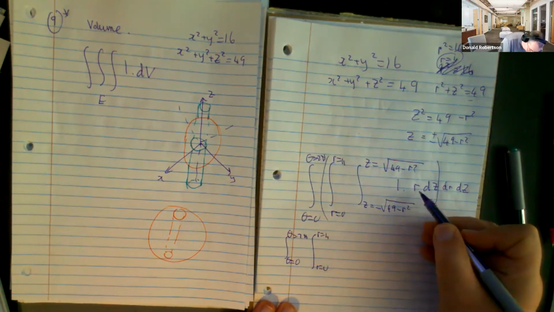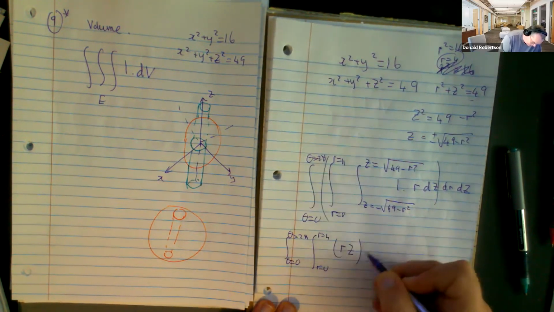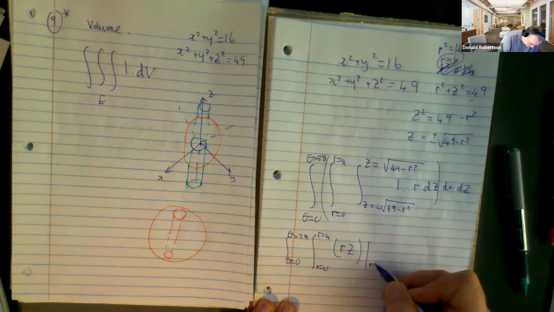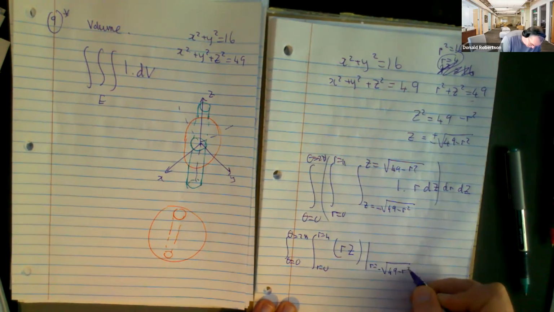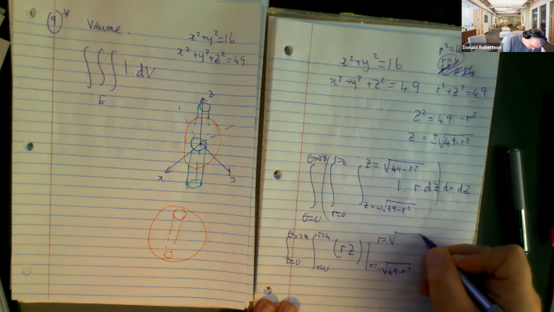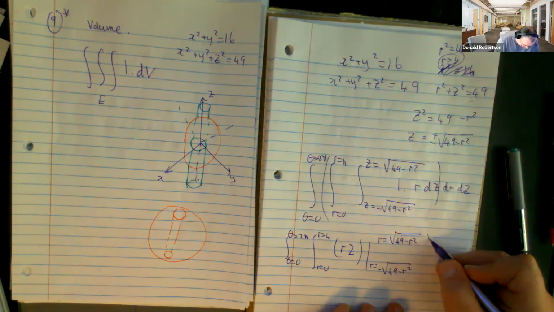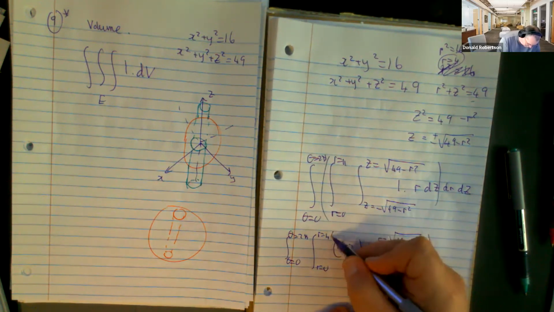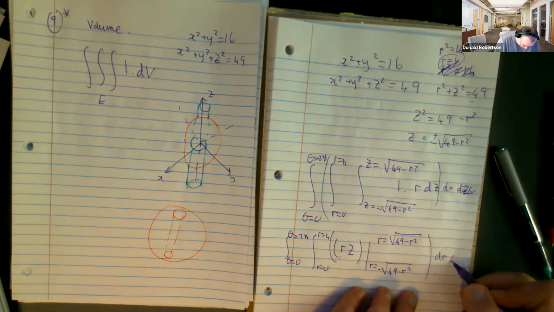And I'm going to integrate r with respect to z, which just gets you rz. And it's going to be evaluated at negative the square root of 49 take away r squared, and positive the square root of 49 take away r squared. Right. And then we'll do the dr and the d theta after that.